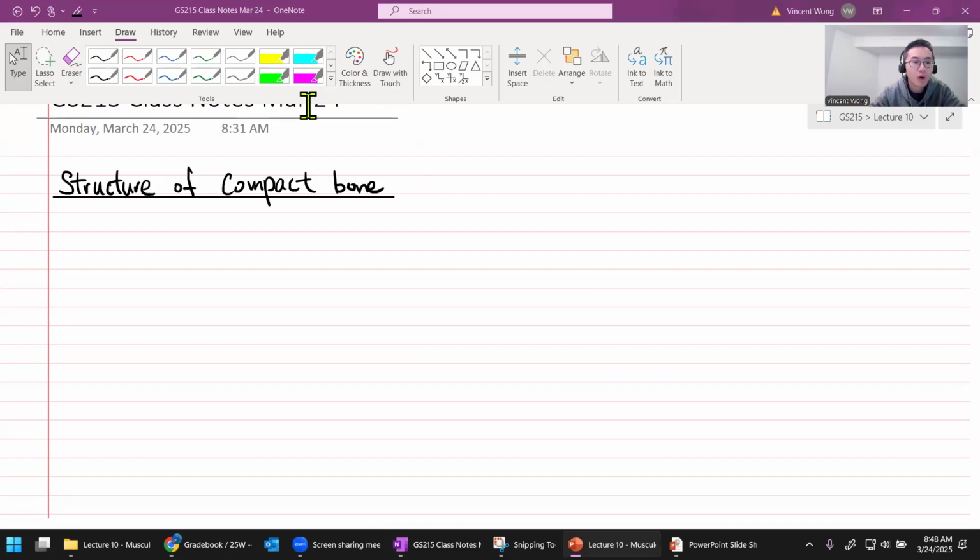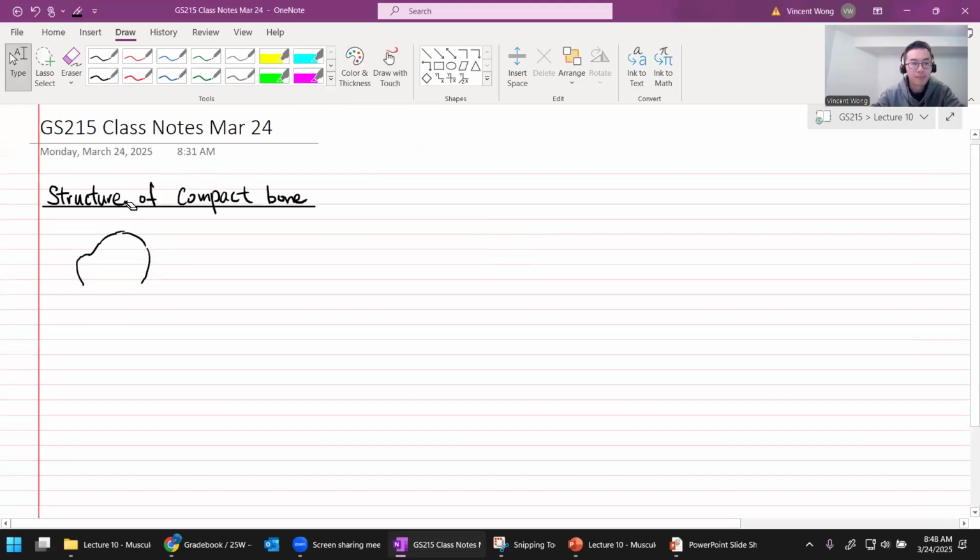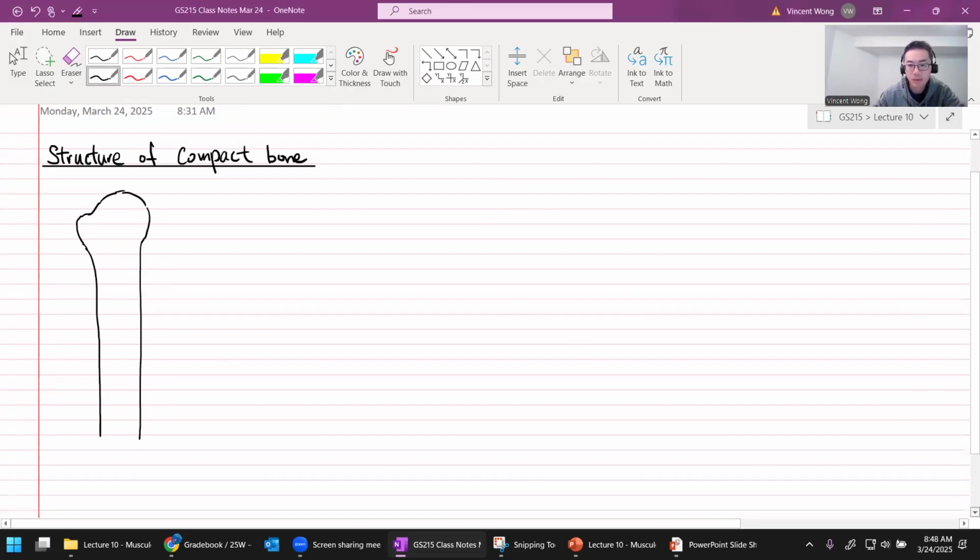So let's just draw a typical long bone here. A long bone is exactly what it sounds like. It's a bone that's long, rectangular in shape generally. So this is going to be our long bone right here.